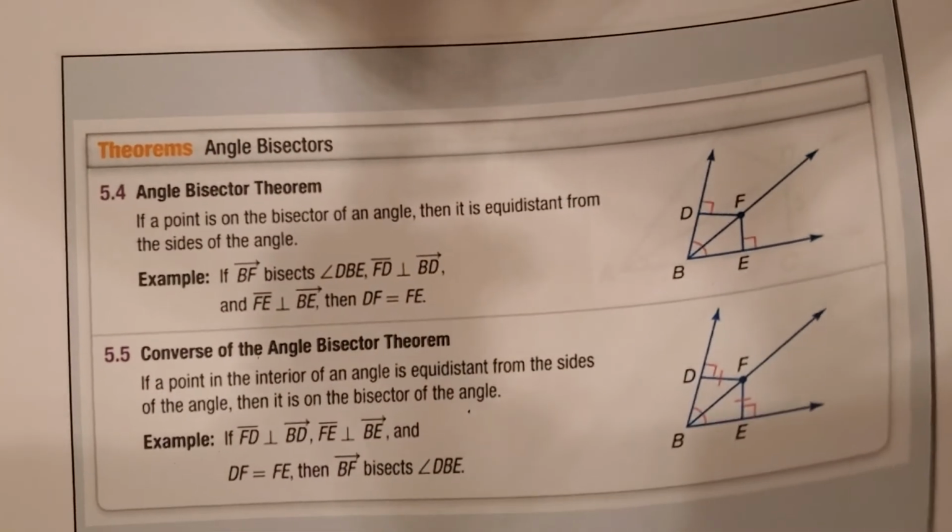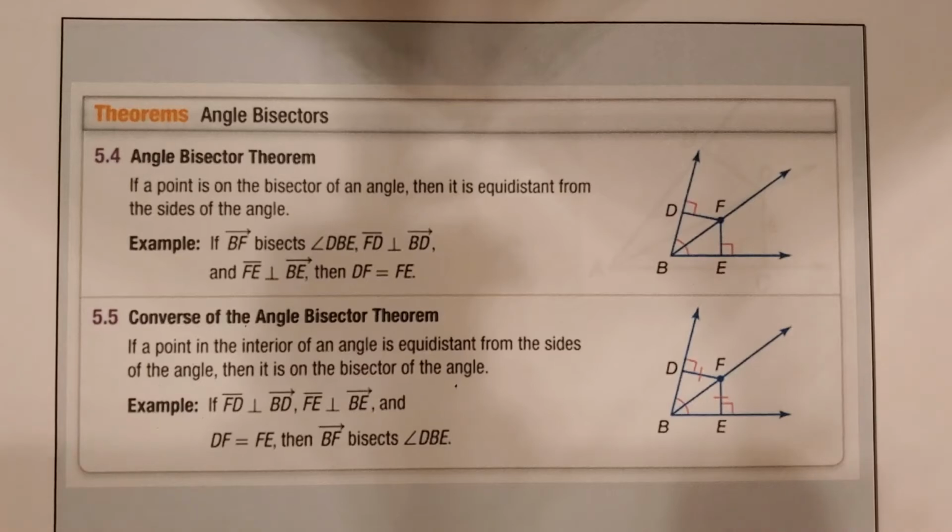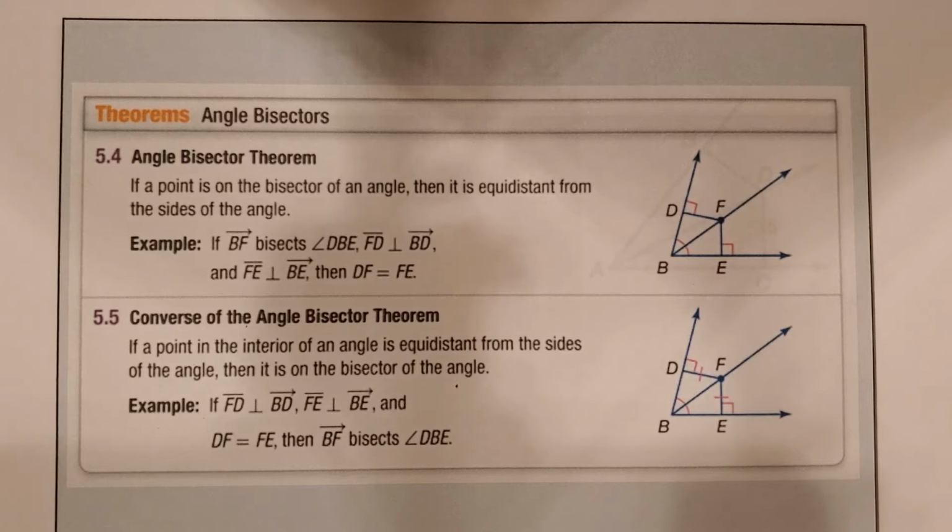All right, there's no definition for angle bisectors here because I'm pretty sure we're all okay with what an angle bisector is. It's a line that cuts an angle in half. But again, there are some theorems that are important to know about angle bisectors that sort of work similarly to perpendicular bisectors. If a point is on the bisector of an angle, then it is equidistant from the sides of the angle.